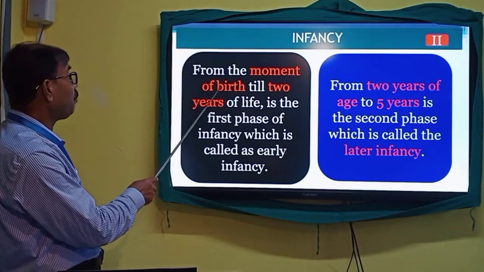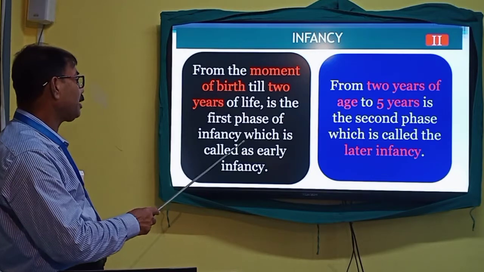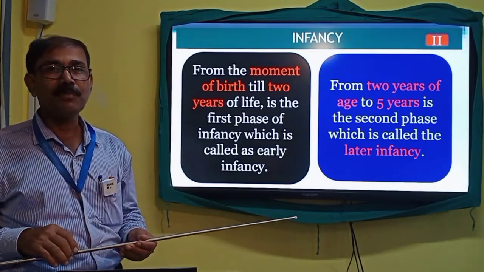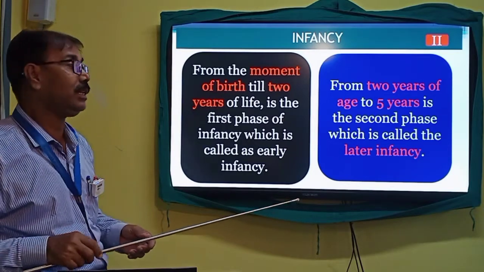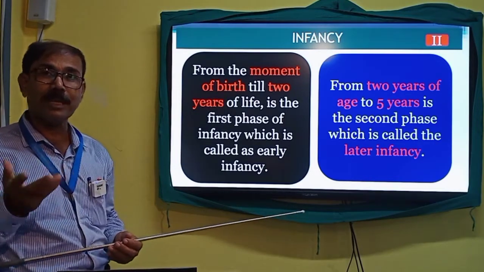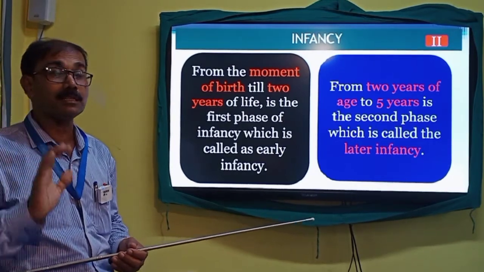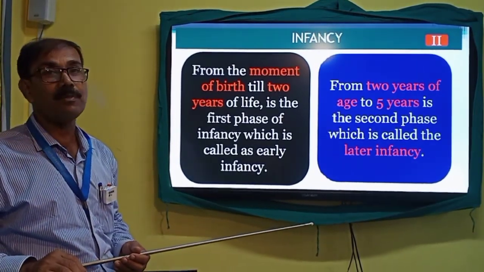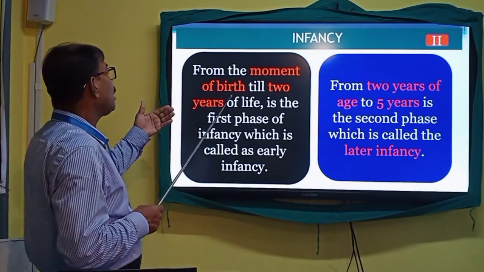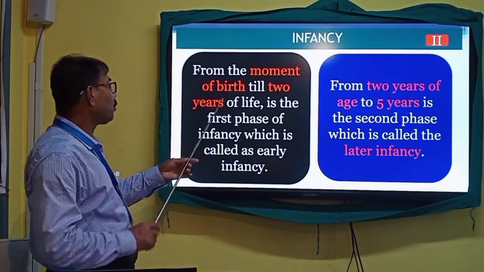From the moment of birth till 2 years of life is the first phase of infancy, which is called early infancy. Whenever we define early infancy, we say that from the very moment of birth, because infancy starts just after the birth of a child and continues up to 5 years, early infancy begins at the moment of birth and continues till 2 years of growth and development.